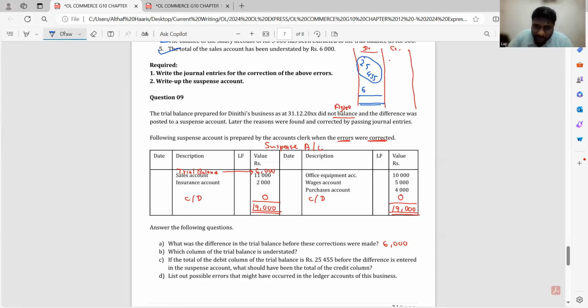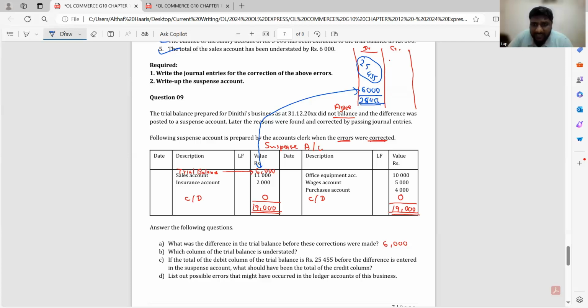From the suspense, you are getting a 6,000. This is that 6,000. If this 6,000 is not there, this would have been 25,455.